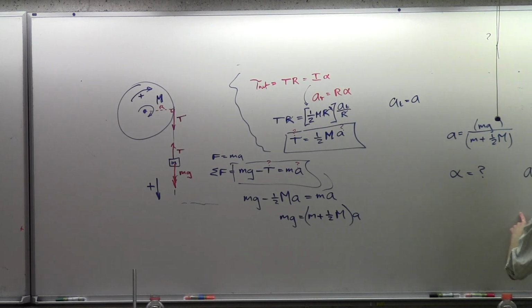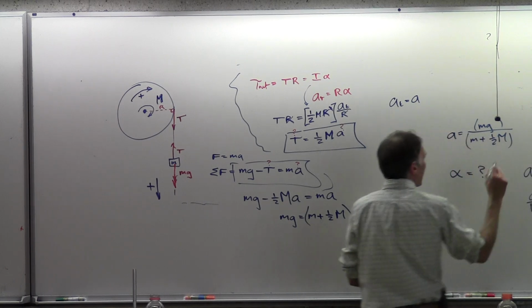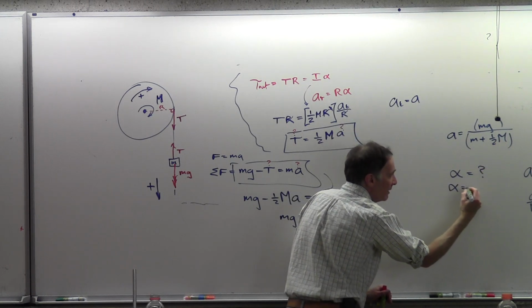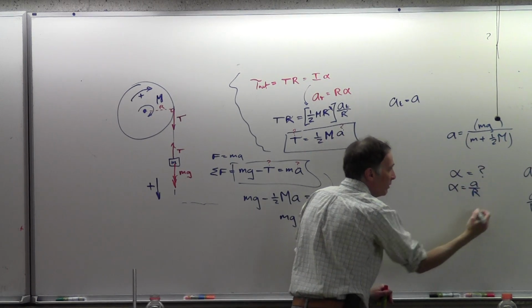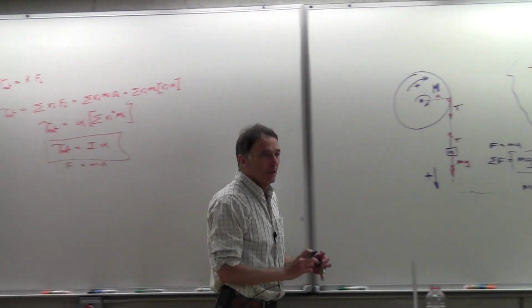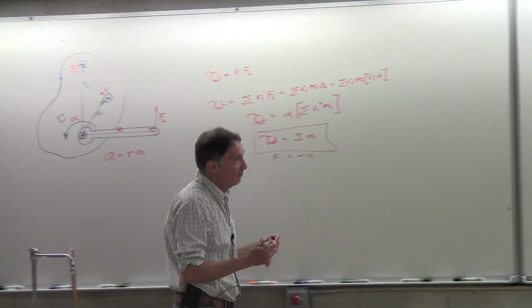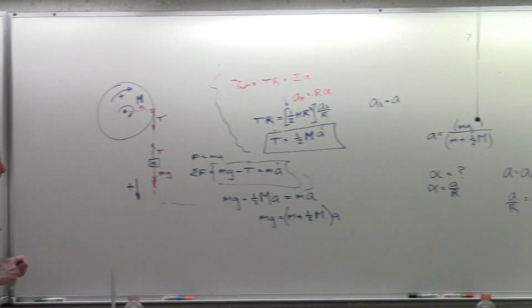And so we can get alpha is just A over R. So once I have A, we just say alpha is equal to A over R, and we've got that. Okay, so that's probably a good place to start.